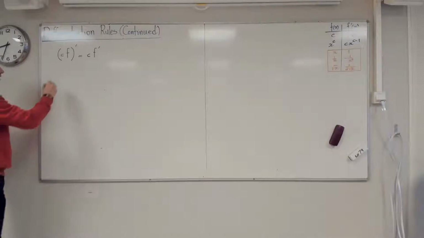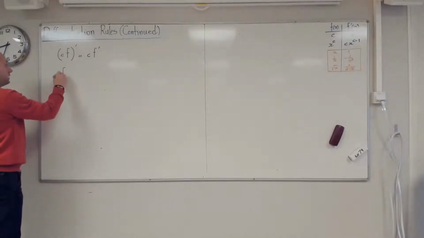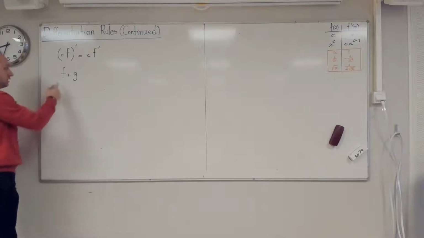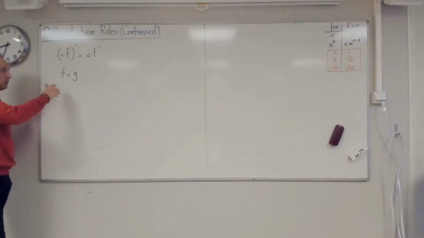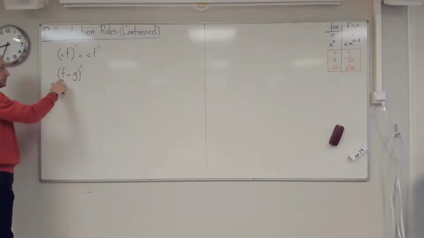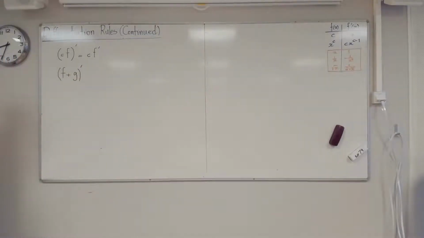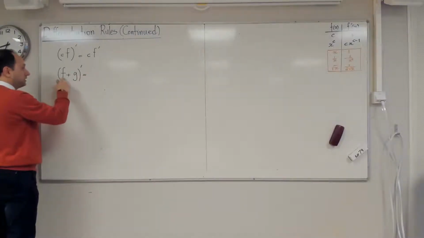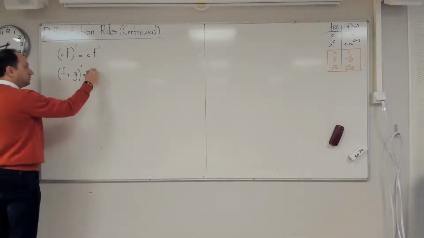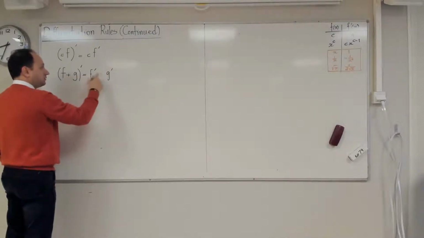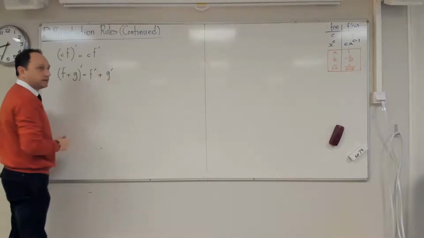So another rule that I want to talk about today is what happens if I have the sum of 2 functions, it becomes a new function, then I want to take the derivative to differentiate the whole expression, f plus g. It is not trivial, but it turns out to be a very natural operation. You can take the derivative of the first one, take the derivative of the second one, and when you have found the derivatives, you can simply add them.